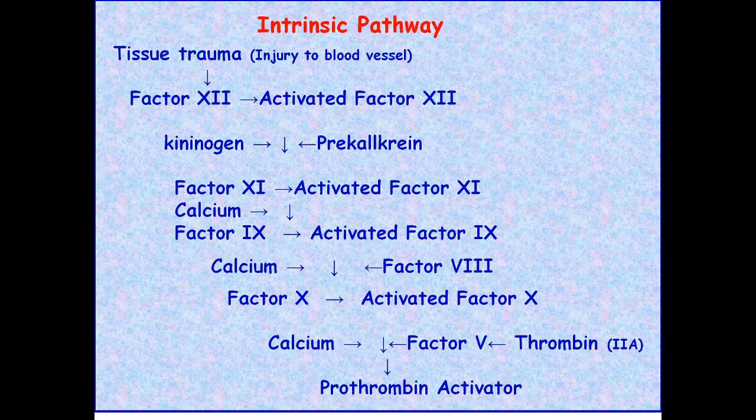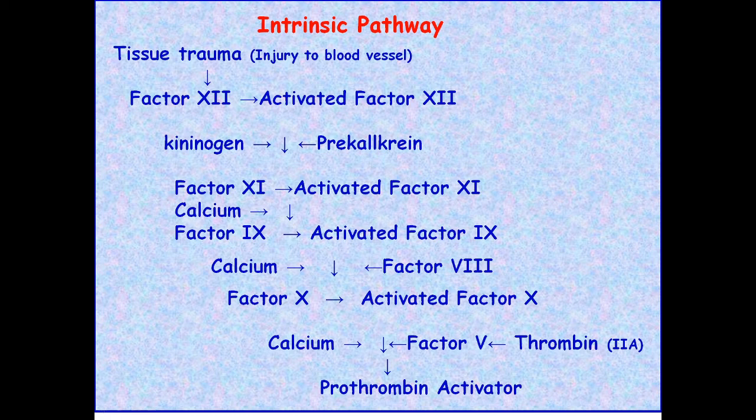The activated factor 12, in presence of the kininogen and the prekallikrein, activates the factor 11, and the factor 11 becomes activated. This activated factor 11, in presence of the calcium ion, acts on the factor 9 and forms an activated factor 9.